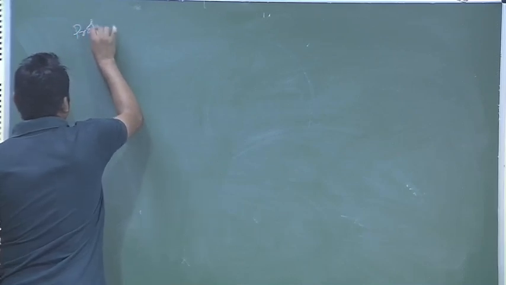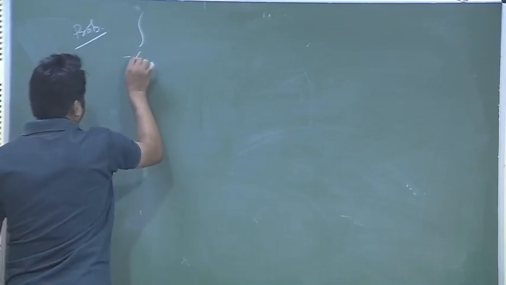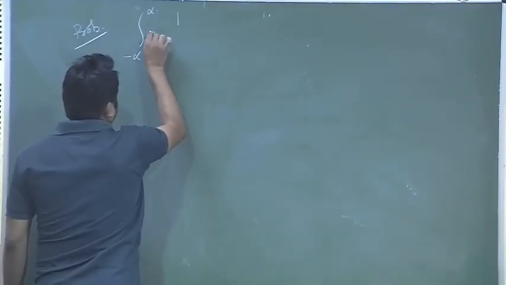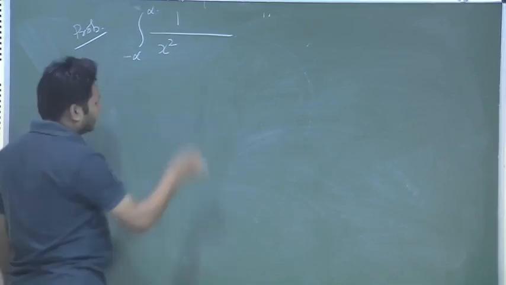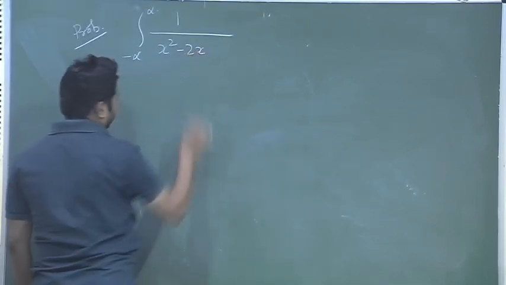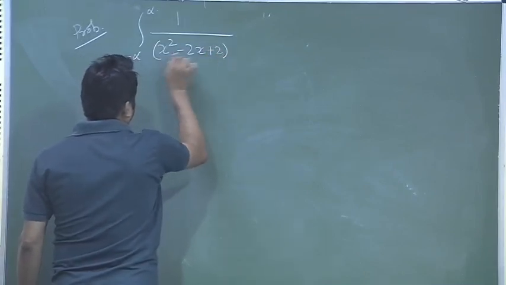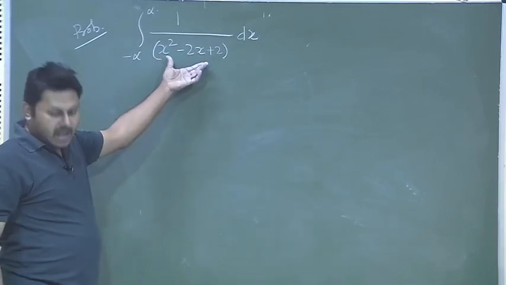The first problem I will have is the integral from minus infinity to infinity of 1 over x square minus 2x plus 2 dx. This is the integration we have in hand.